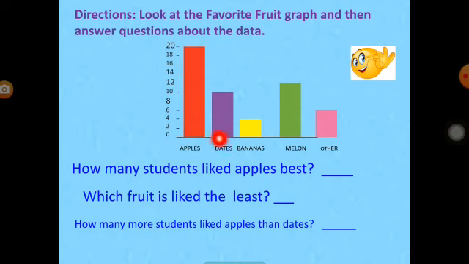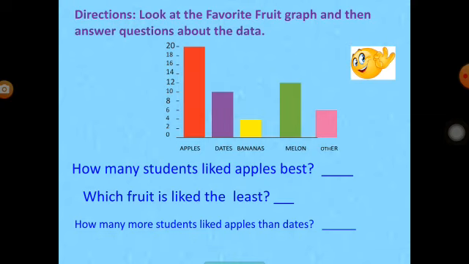Starting from 0 up to the end of the bar, it will be 10. And how many for bananas? It will be 4. And how many for melon? It will be 12. And how many for other fruits? It will be 6.